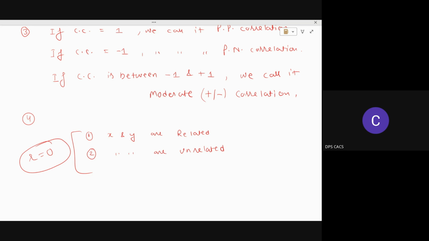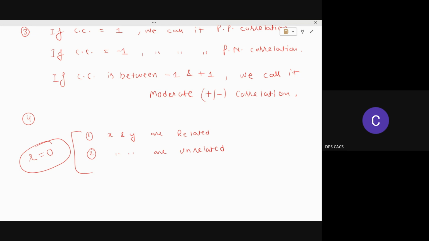X is moving for 6 months, but Y is not moving. So for the time being, I can say there is no correlation. Means X and Y have a correlation of 0. But can I say that my stock is unrelated to the market? I can never say this. That means two variables can be related, still their correlation can be 0.